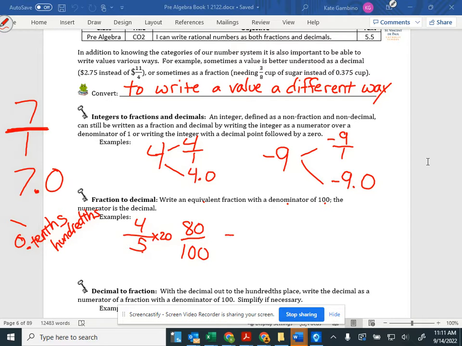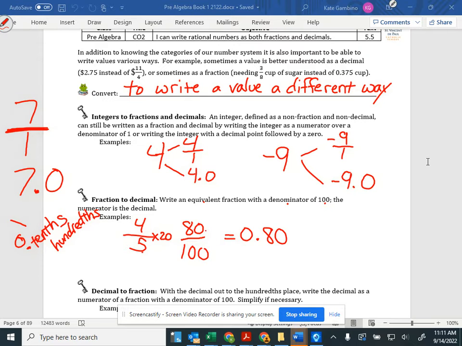Can't we just write it as 8 tenths? Yeah. So technically, not everything goes into the tenths. So 4/5, we're changing into hundredths, so we can write it as 80 hundredths. Chance is right.